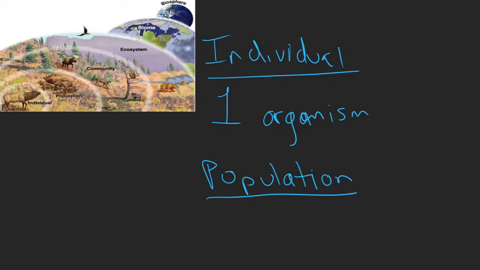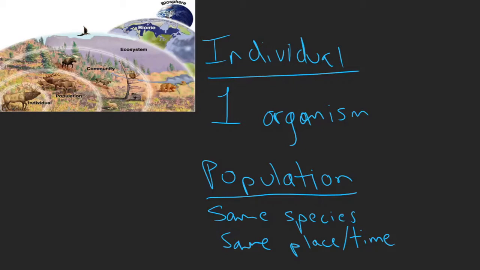A population is a group of individuals, but they have to be the same species, and they have to be in the same location. So that's time and place, which may sound a little odd that you have to designate that, but think about it for a moment. This elk population represented right here.